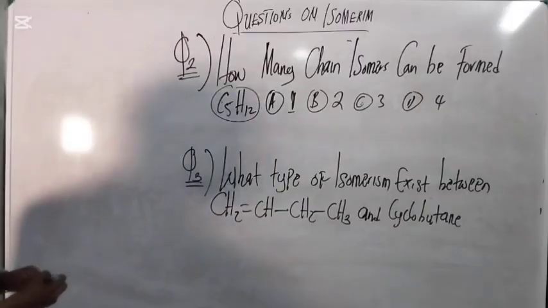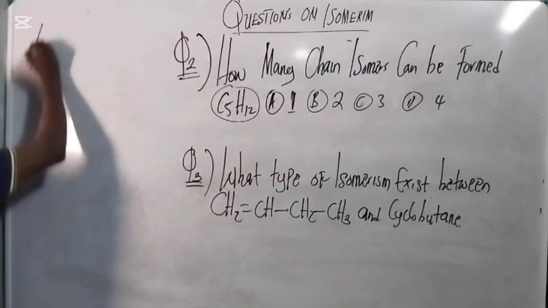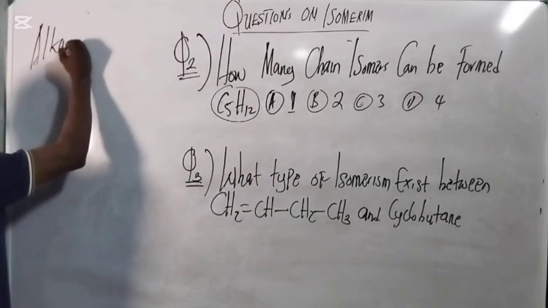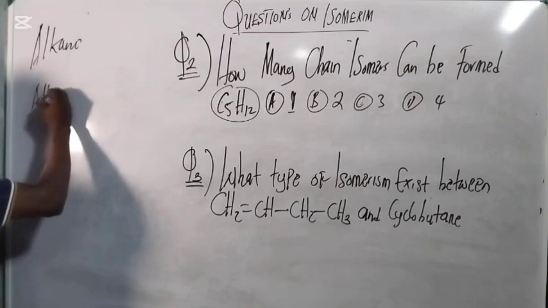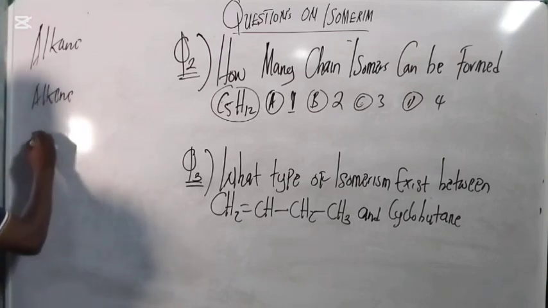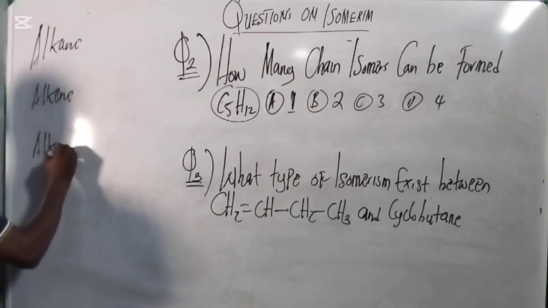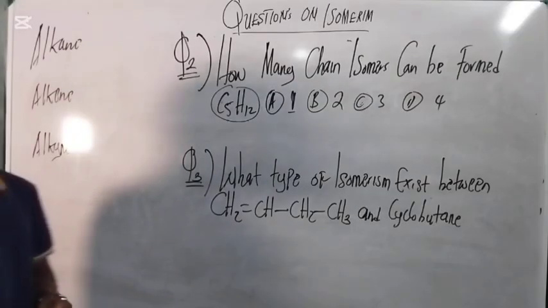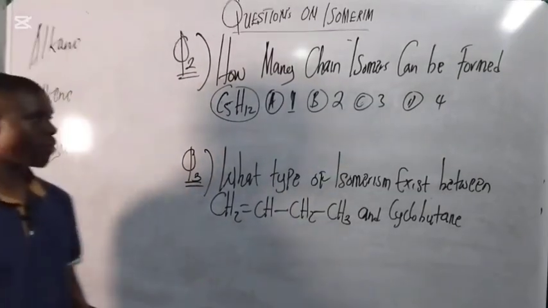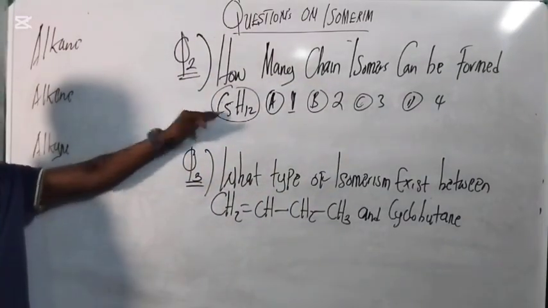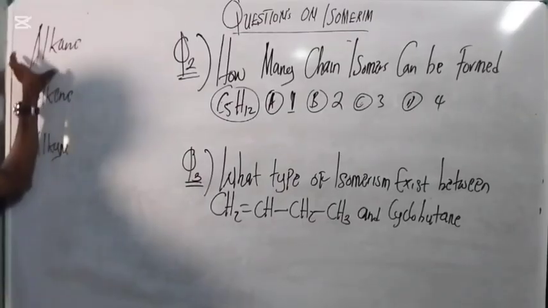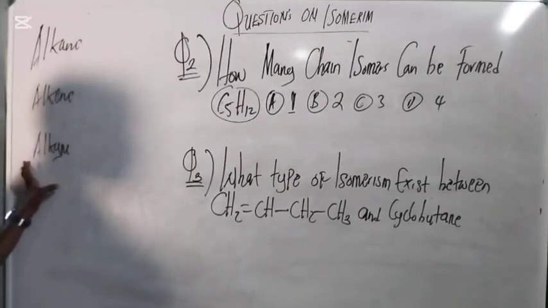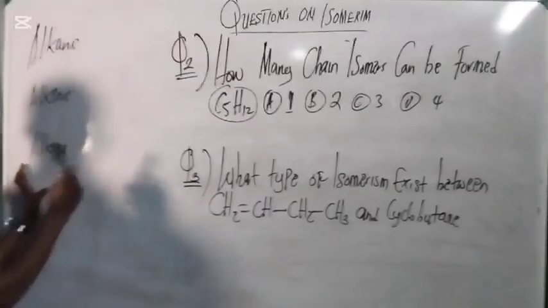Because how do you know alkane? Remember here we have alkane, alkene, and alkyne. And each of them has its own general molecular formula because it's a hydrocarbon, right? So the hydrocarbon can either be alkane, alkene, or alkyne.